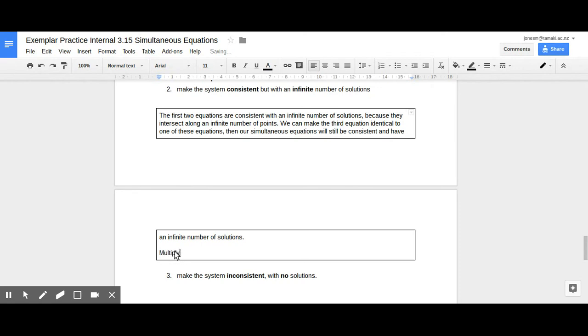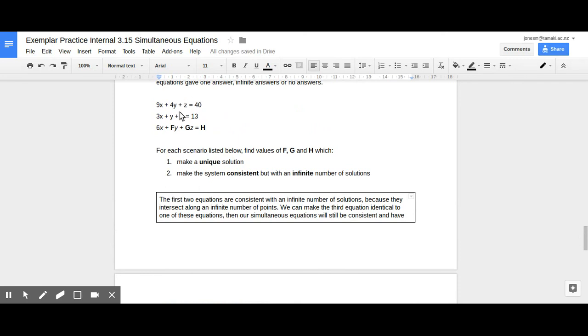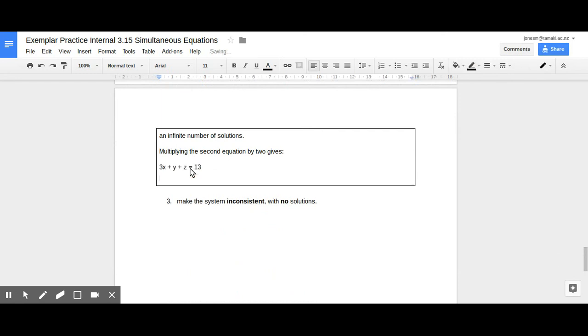Multiplying the second equation by 2 gives 6x plus 2y plus 2z equals 26.